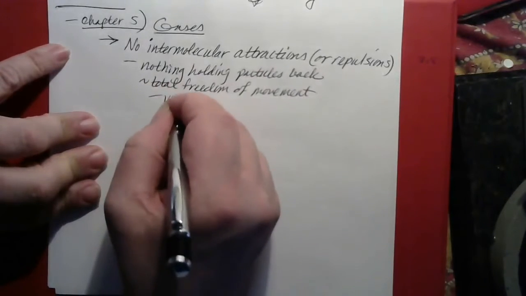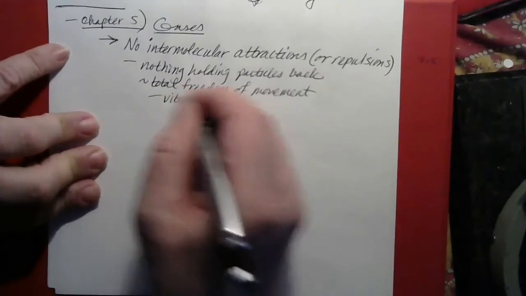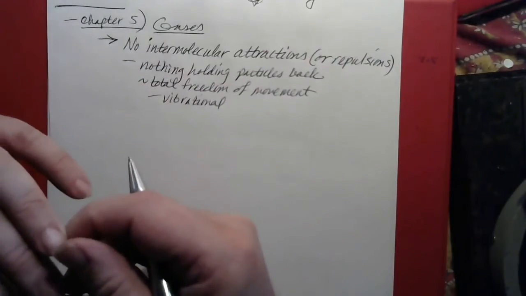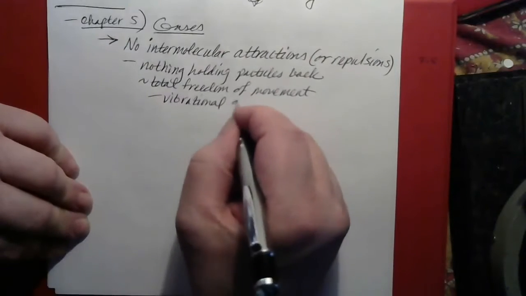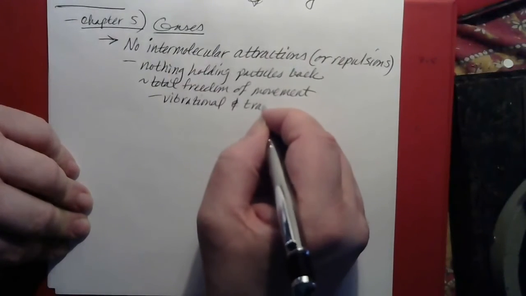And that means not only vibrational movement, which all particles have. You know, in solids and liquids, particles can vibrate in place because of thermal energy. And in fact, all particles will be vibrating at any temperature above absolute zero. So gas particles do that. But gas particles also have translational freedom of movement.